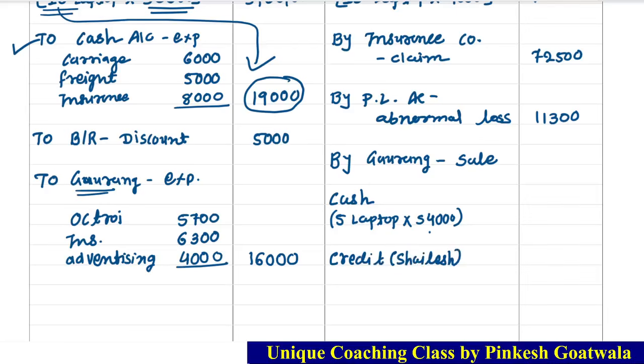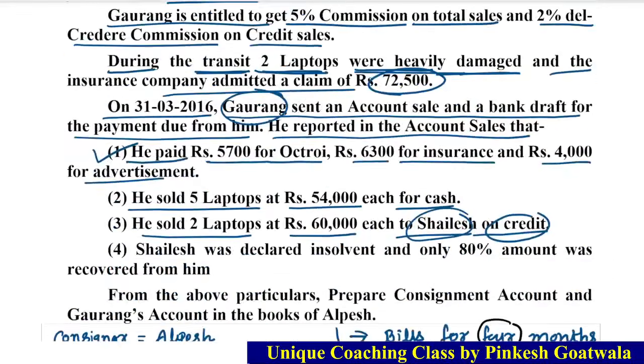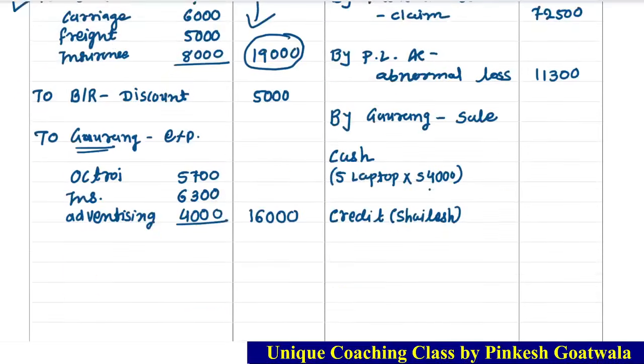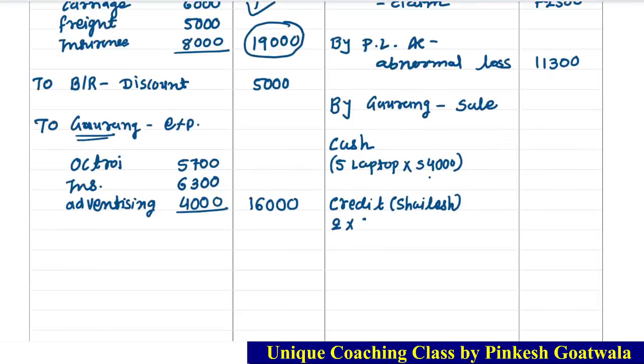And on credit sale, how much laptop was sold? So they sold 2 laptops at 60,000, so it's 120, and here 270.